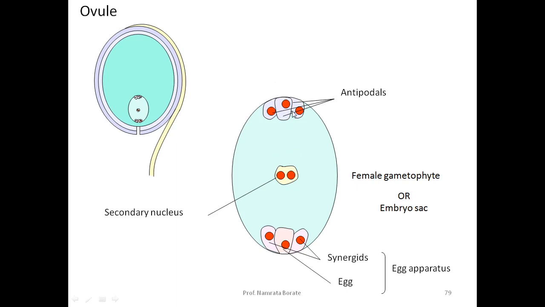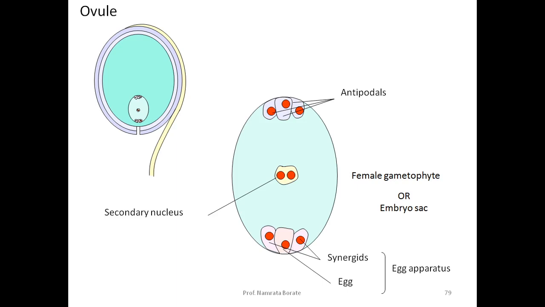The three antipodal cells, the secondary nucleus with two polar nuclei, and the three-celled egg apparatus towards the micropylar side. So the female gametophyte contains a 7-cell, 8-nucleated structure.